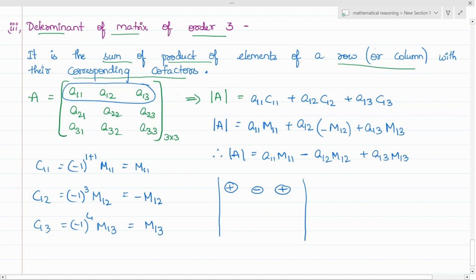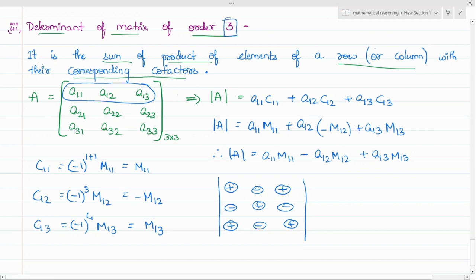Similarly for the second, it starts with minus again, plus, minus. It's just alternating. Again plus, minus, plus. If you look at it row wise or column wise, it is alternating. So this is how we calculate the determinant of matrix of order 3.